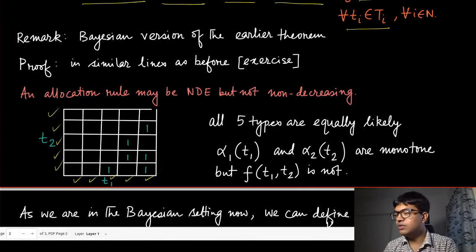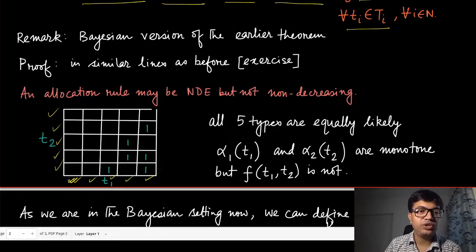Now how can we see whether alpha 1 of t1 is non-decreasing? Let's look at alpha 1 of t1, the expected allocation for player 1 under this t1. You can see that when t1 has this value, the object is allocated to player 2 under all possible circumstances. So with probability 1 it goes to player 2, and with probability 0 it goes to player 1.